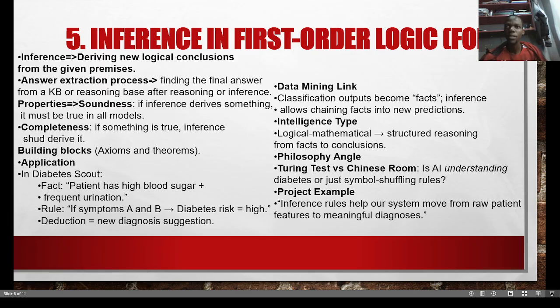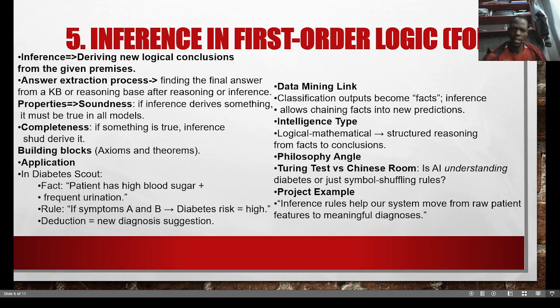The axioms are that probability should be between 0 and 1, which needs no proof, and that the total probability should be 1, which needs no proof. But the theorems need to be proved using the axioms. So in simple terms, that is inference, just deriving a new logical conclusion from the given premises.